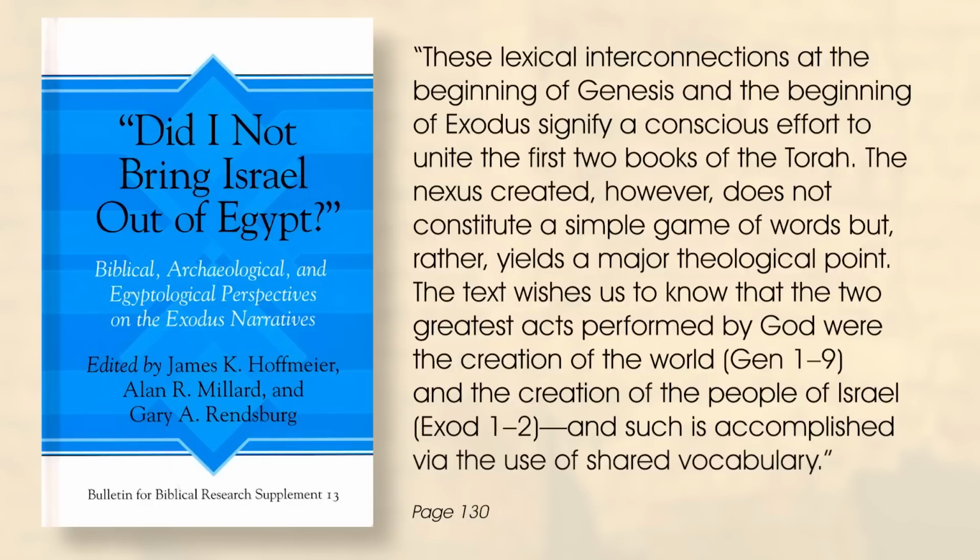The nexus created, however, does not constitute a simple game of words, but rather yields a major theological point. The text wishes us to know that the 2 greatest acts performed by God were the creation of the world and the creation of the people of Israel, and such is accomplished via the use of shared vocabulary.